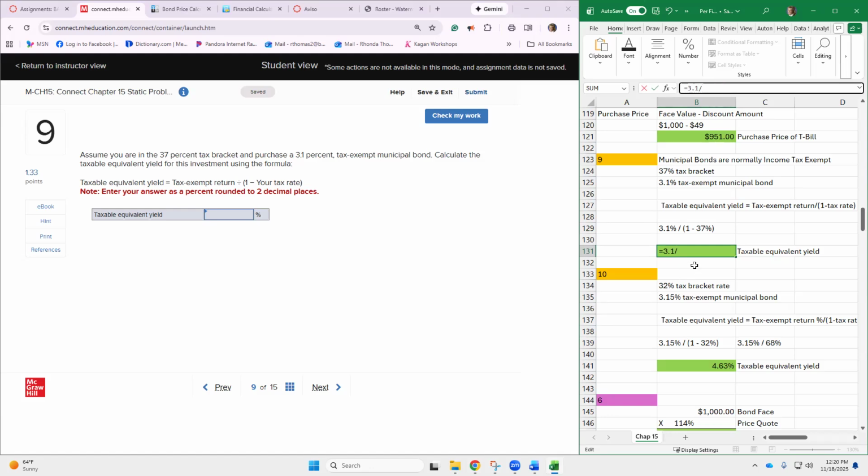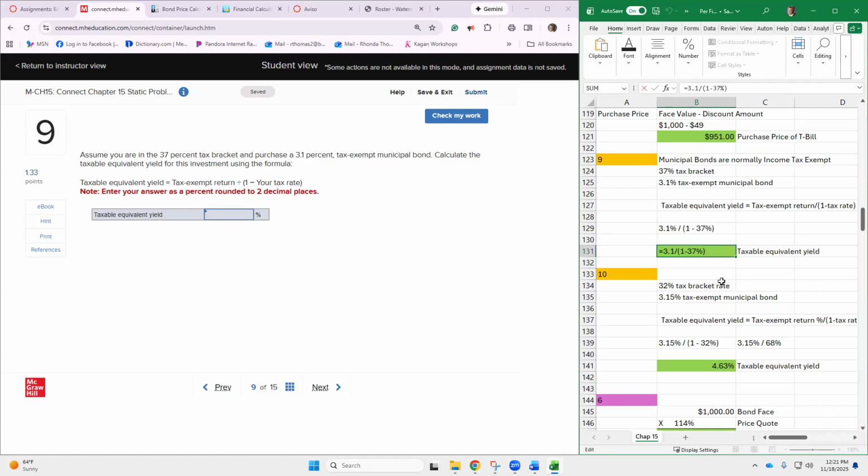Yes. So then you would actually divide by 63%. Okay, so 0.63. No, that's not what I want. Sorry about that. Leave it in percentages. So I'm actually going to calculate 1 minus 37%.